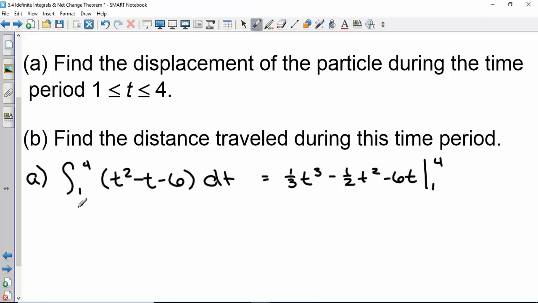So if I plug in a 4 cubed, 64 over 3 minus 8 minus 24. And what do we get here? Negative 4.5.